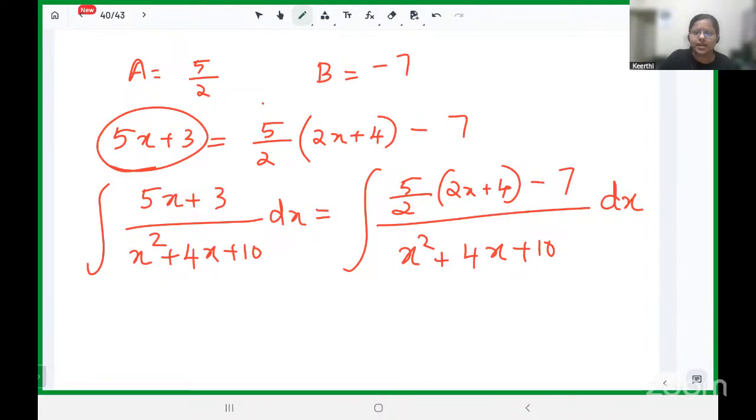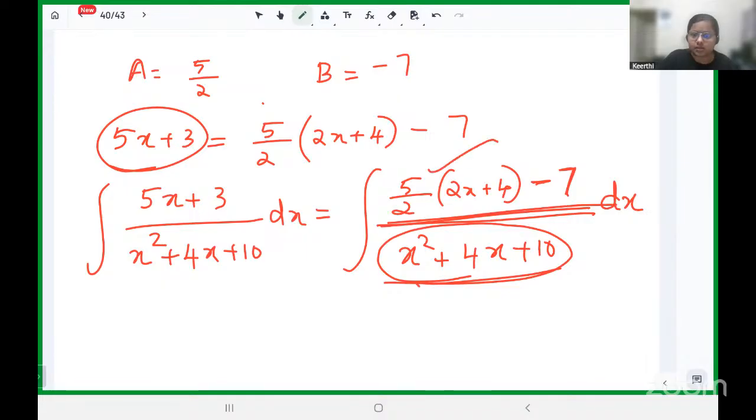Okay, we have changed the numerator. Now we can split this into two separate integrals. That is, you give the denominator x² + 4x + 10 to both the terms in the numerator. Which are the terms in the numerator? The first term is 5 by 2 into (2x + 4), and the second is 7. So give that denominator to each of them.